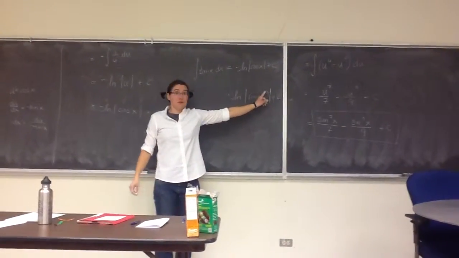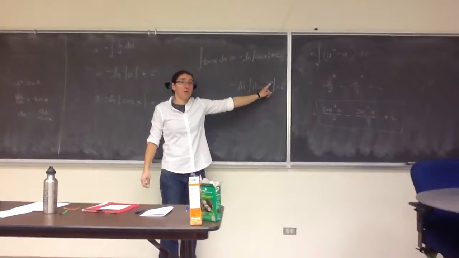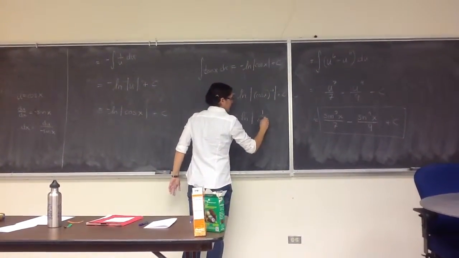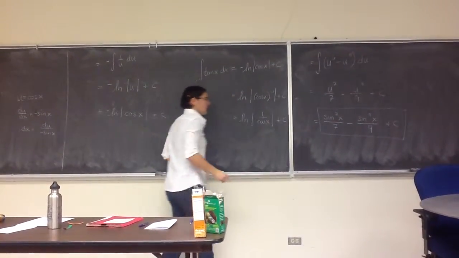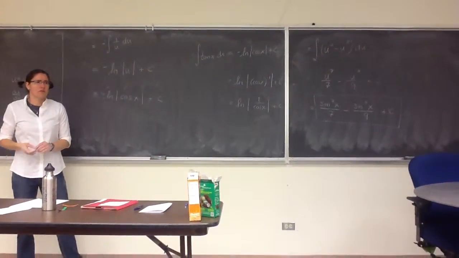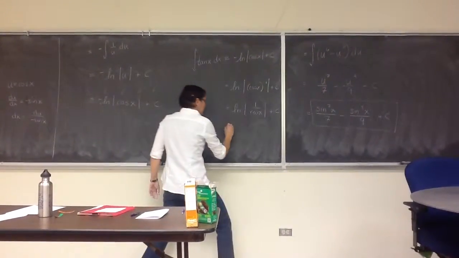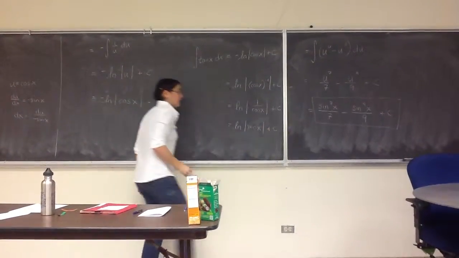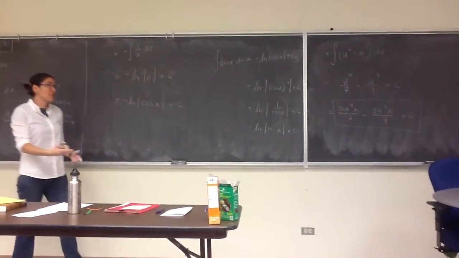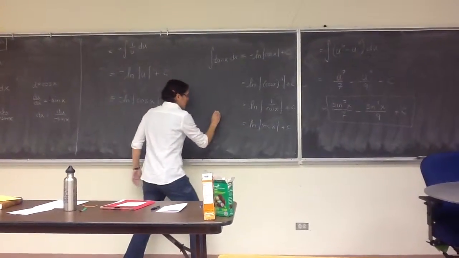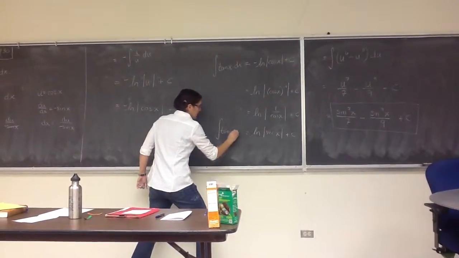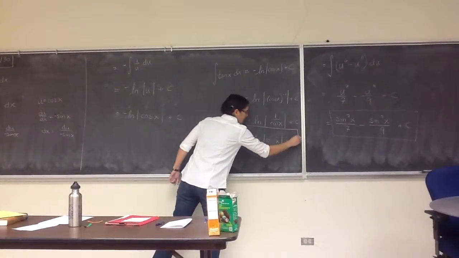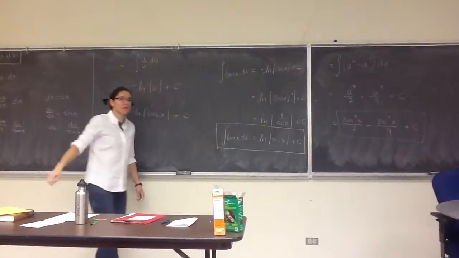This is not an inverse, this is a reciprocal. So this is the natural log of the absolute value of 1 over cosine x plus c. What is the reciprocal of cosine? Secant. So this is natural log of the absolute value of secant of x plus c. If you choose to memorize this antiderivative, the most common way to see it is that the antiderivative of tangent x is natural log of the absolute value of secant x plus c.